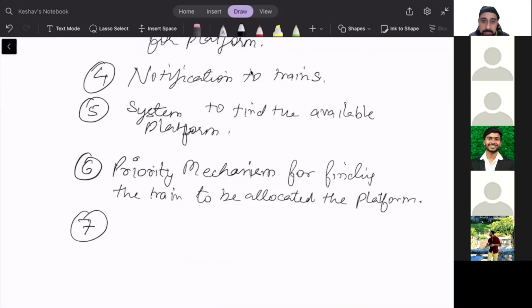Maybe there can be some optimization service. If some platform is more accessible, and there are two platforms empty, there could be some optimizing based on the platform, that maybe platform one is more easily accessible. So there should be a service which can suggest that. So you're saying if there are multiple platforms available, you need to have a priority between the platforms as well. Yeah, like that could be not an immediate requirement, but later good to have.